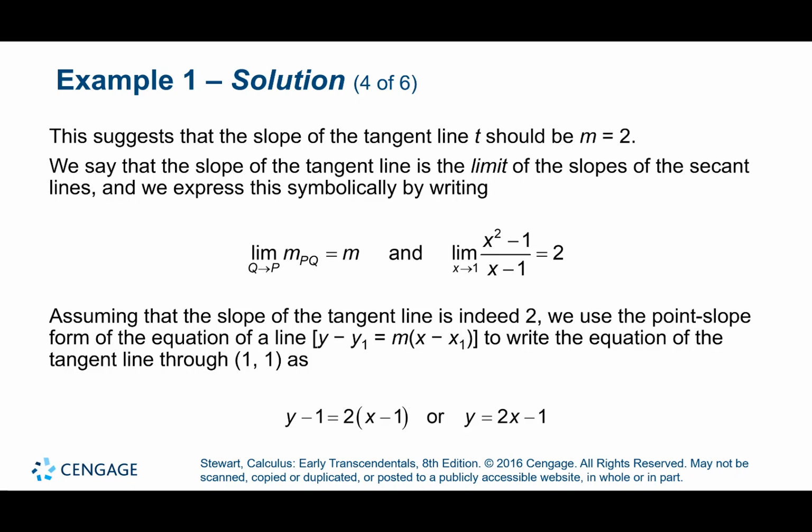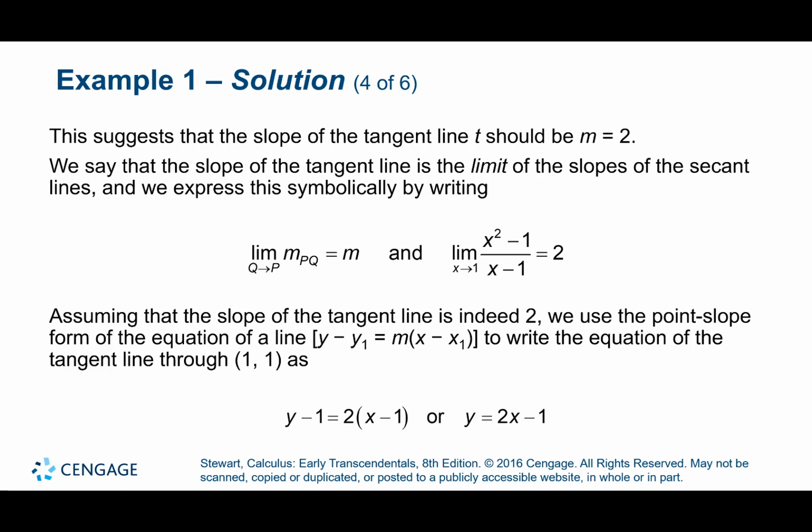And the way we say that, we say that the limit of these slopes as our 2 points get closer and closer together, so this says as Q gets closer and closer to P, that's got to be our slope of our tangent line, which we figured out as our Q point's x-coordinate gets closer to 1, that's the x-coordinate of P, and our slope, 2.